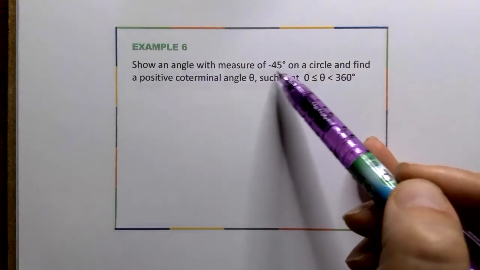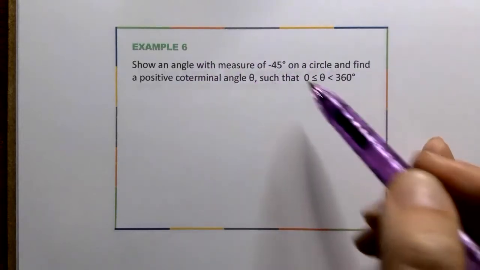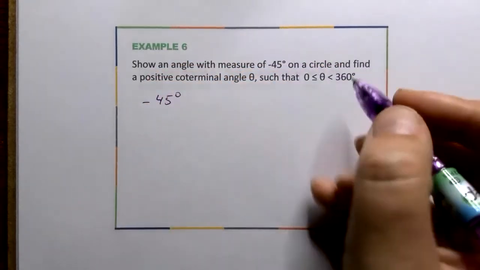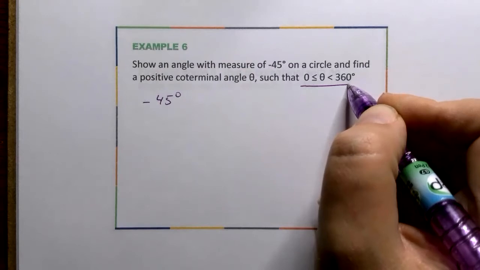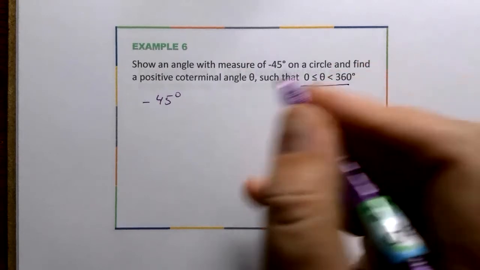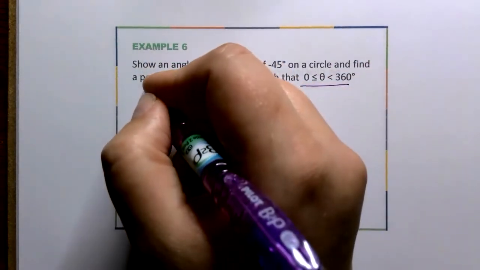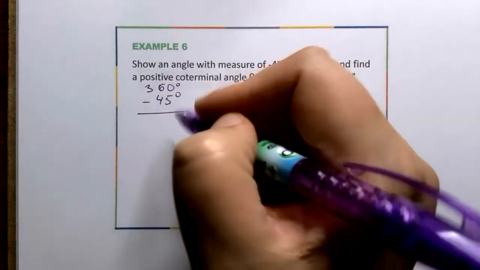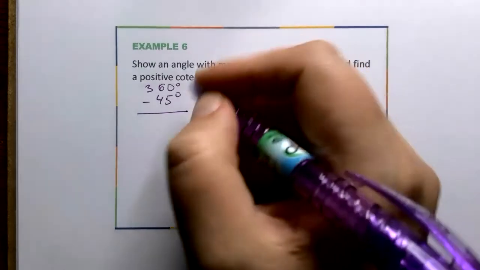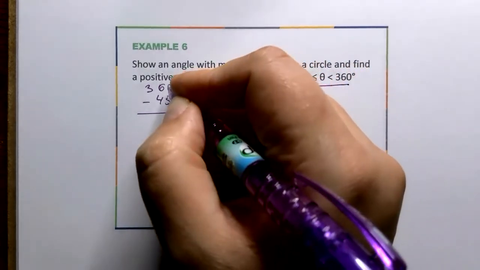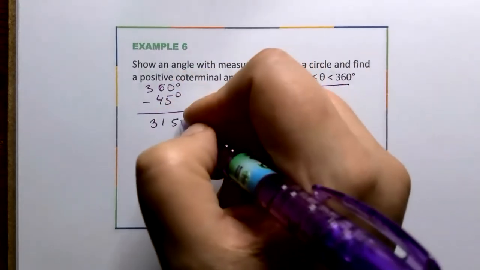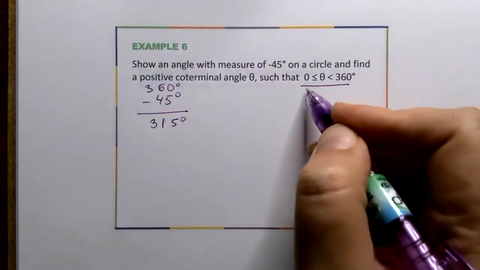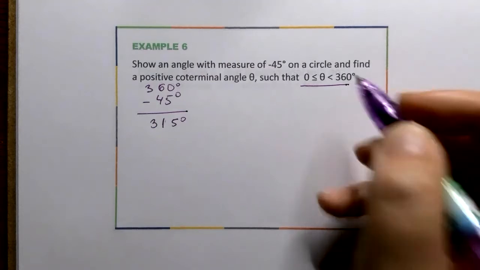This time they gave us a negative angle, and it's below the range that we're looking for. So we're going to be adding 360. Basically it's 360 minus 45. What do we have? We have 315 degrees, and this value is between 0 and 360, so we're good.